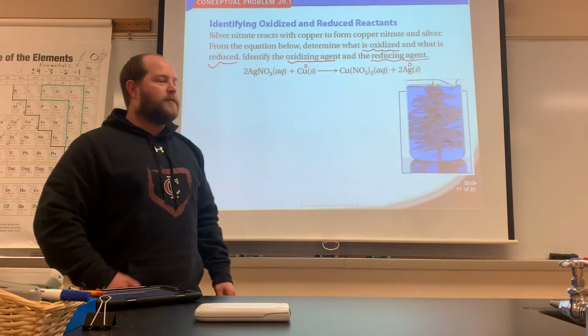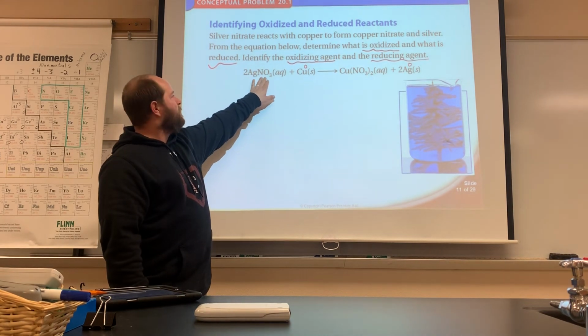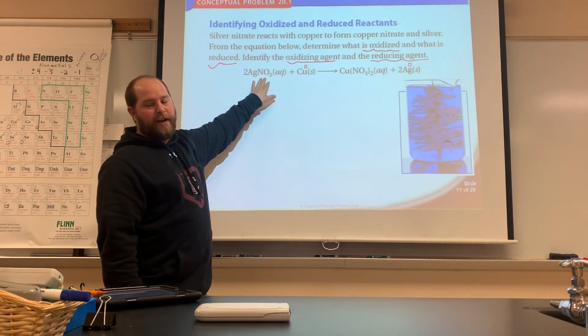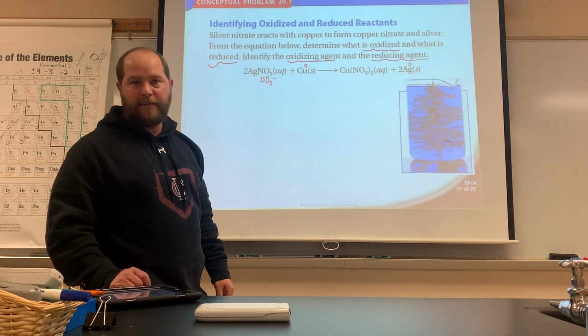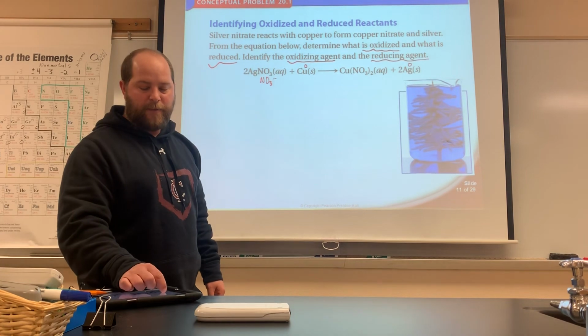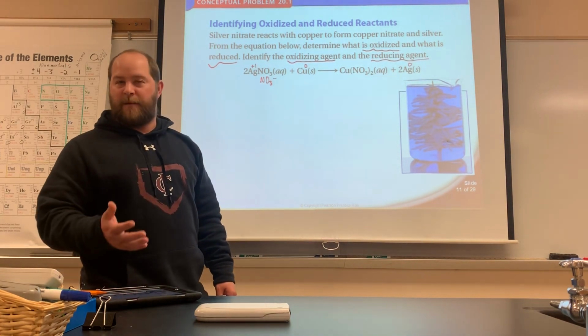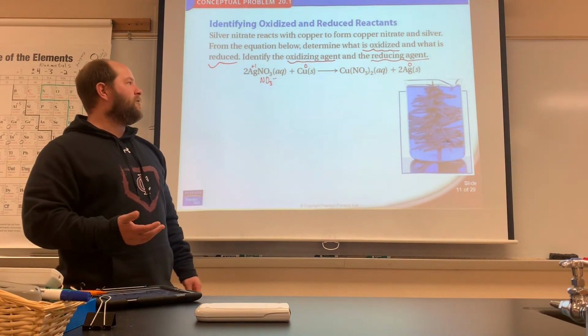Then what we'll do next is look at this silver over here. It's attached to nitrate, and you guys know that nitrate is NO3 minus. So that must mean that the silver ion has a +1 charge. That's going to be another rule that we're going to learn about for when we assign our oxidation numbers.